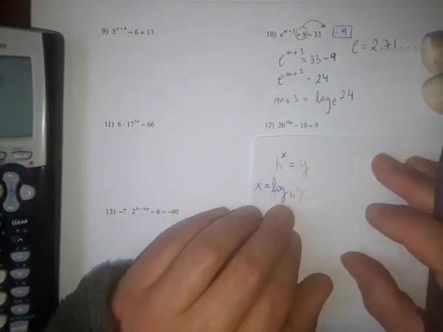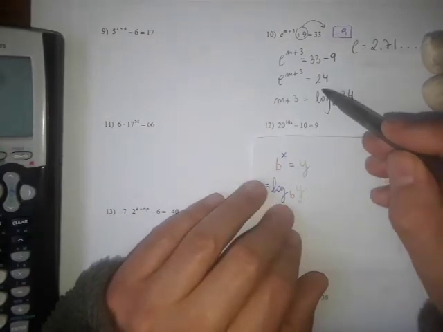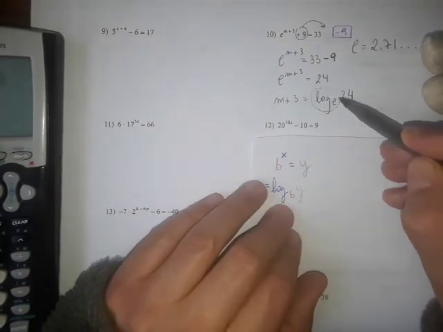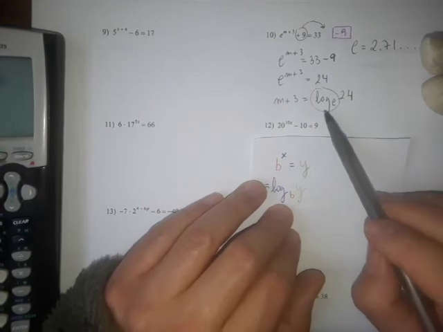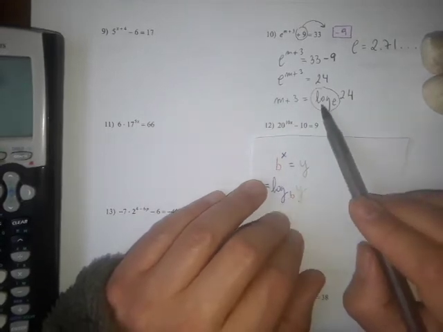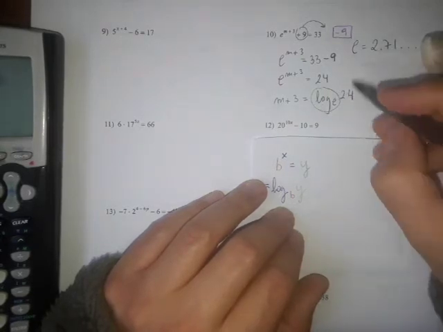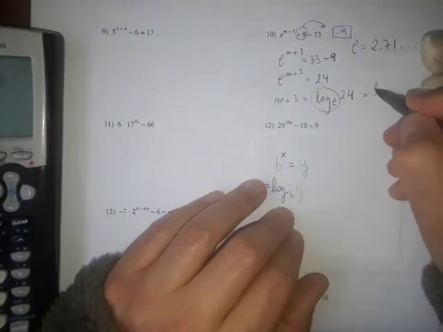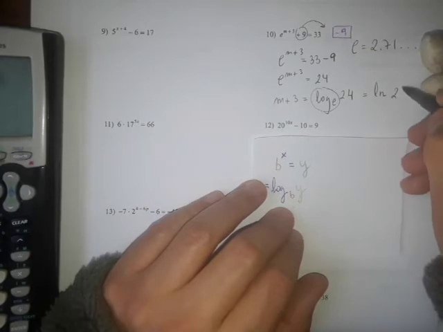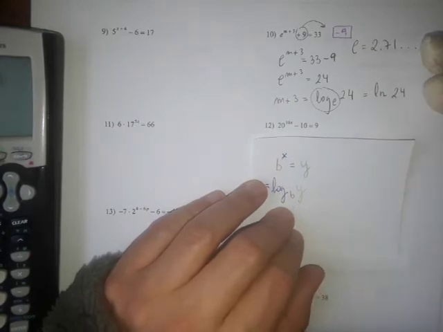Now, just for you to know, instead of writing it like this, we call it natural log, and we can rewrite it as natural log of 24. Okay, same thing.